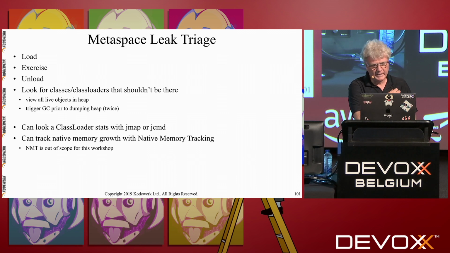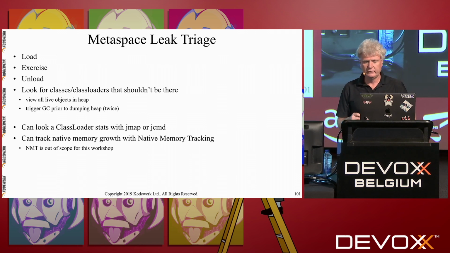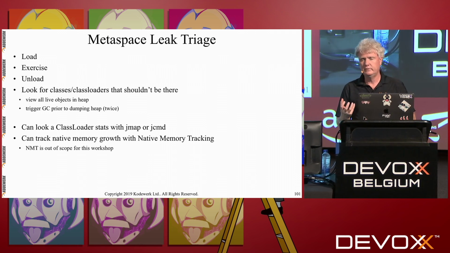Now, for some things, we can use native memory tracking to figure out what's going on. I don't really cover native memory tracking in this particular talk. But suffice it to say that by the time we get into JDK 8, we can track the JVM's use of native memory in certain cases.